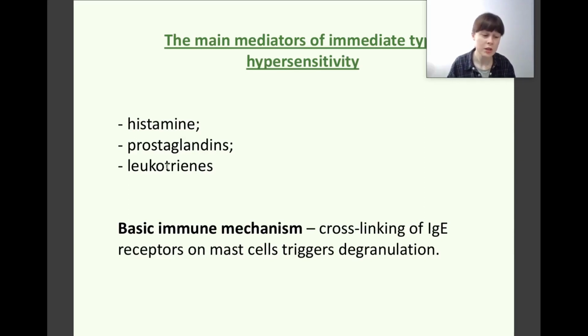The pharmacologically active mediators released from the granules of mast cell degranulation can be histamine, prostaglandin, and leukotrienes, and these cause vasodilation, vascular and smooth muscle contraction, and increased vascular permeability. These changes ultimately lead to a localized response. A localized response is called atopy, and a systemic response is called anaphylactic shock.